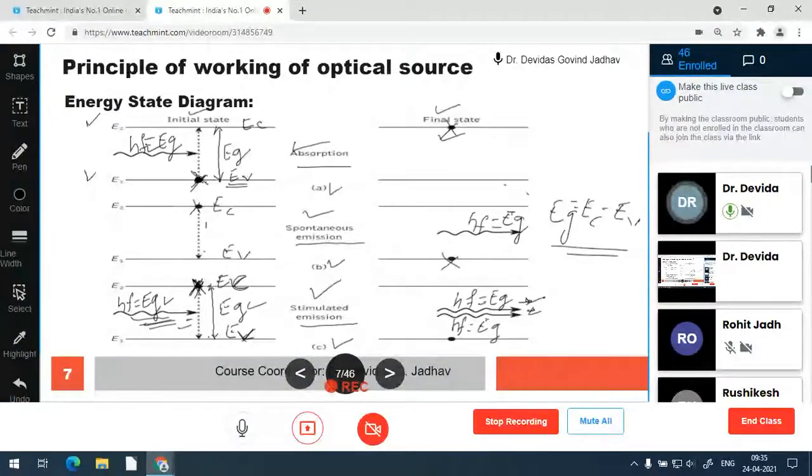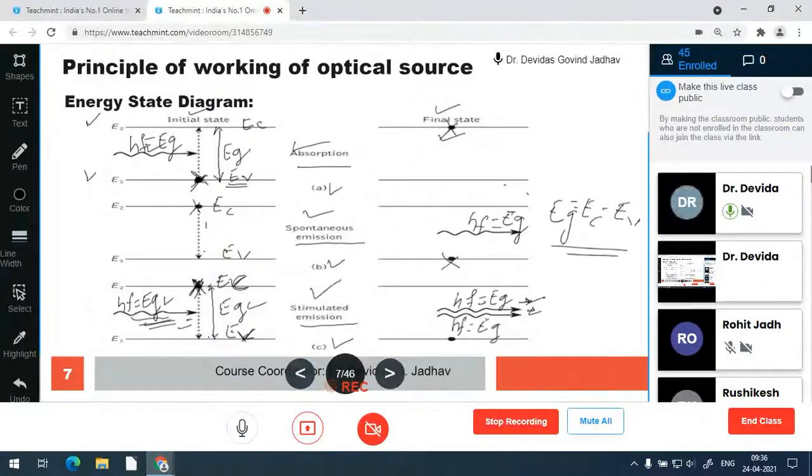Whenever the electron releases the energy equal to the gap energy, it has to jump from conduction state to valence state, and it jumps. This is due to the external photon. That's why it is called stimulated emission. That emits another photon. The external photon has the energy hf equal to Eg. The emitted photon also has hf equal to Eg of that same material.